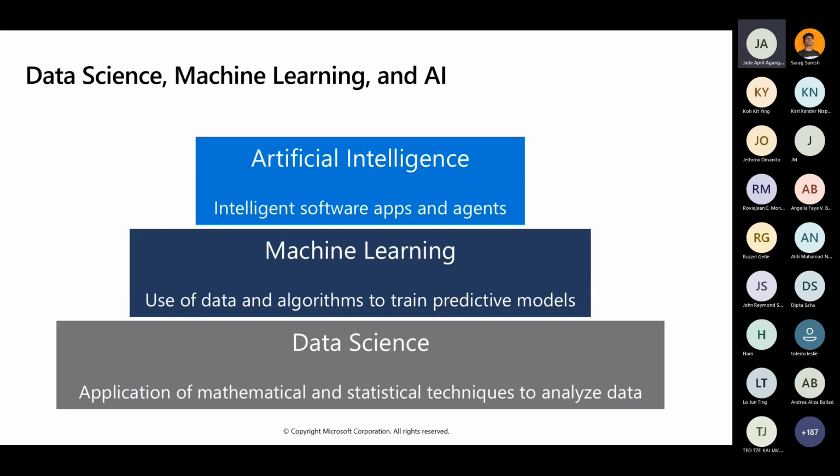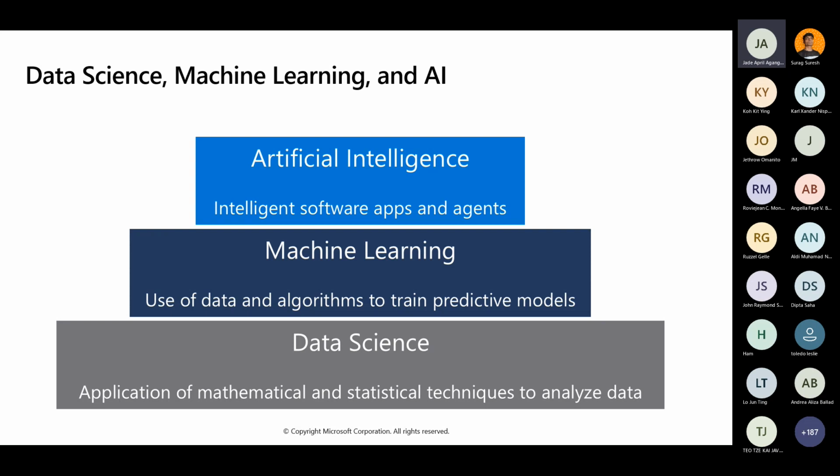Now, under data science, machine learning and AI, let's try to understand their differences. Let's start with data science. Data science is usually the application of mathematics and statistical techniques to analyze values and data. Here in my school, as a teacher, we use the statistics or the grades of the students so that we can understand the rise and fall of their performance. We apply data science through their performance tests and assessments. We have what we call data mining.